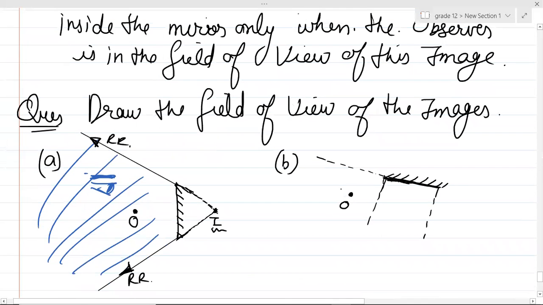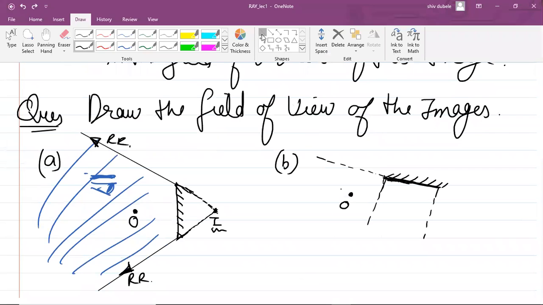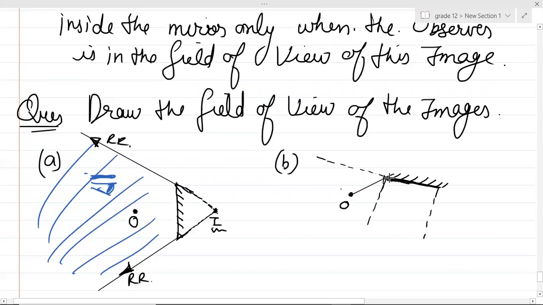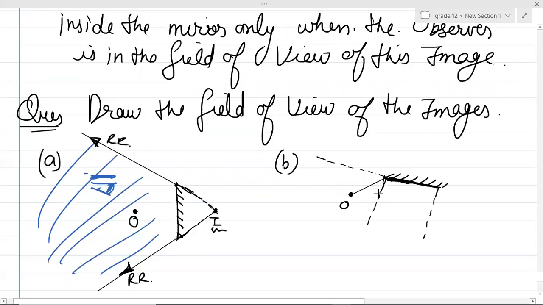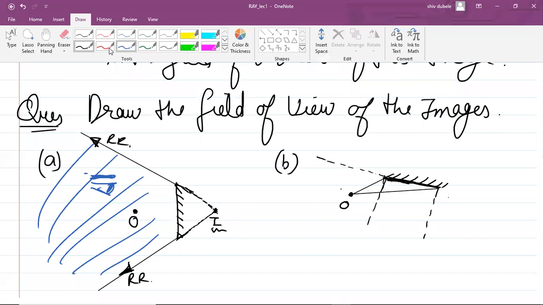So can you see incident ray 1? And can you see incident ray 2? Can you see I'm incidenting the rays on the extremities of this mirror, right? Yes or no? After this, where exactly will the light ray go?